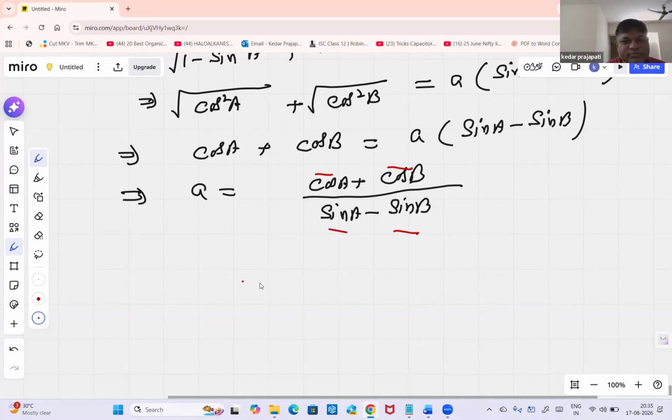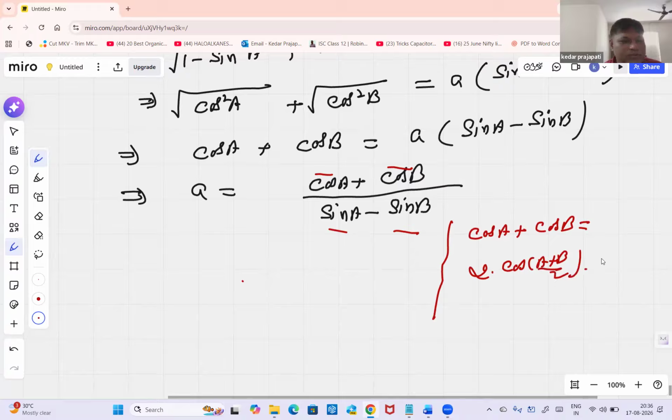What I'm saying is cos A plus cos B is there. So what is the formula for this? 2 into cos of A plus B by 2 into cos of A minus B by 2.